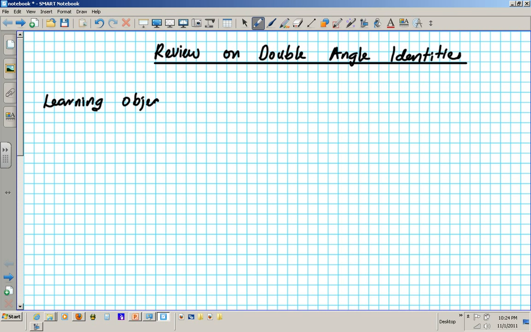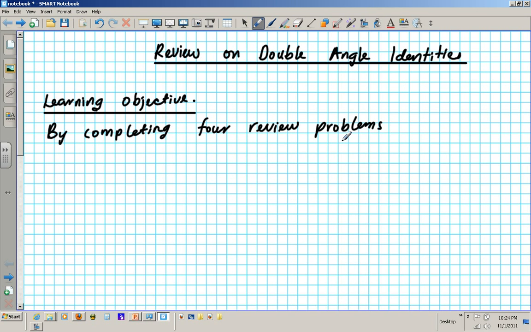Learning objective: by completing 4 review problems, you're going to do this on a separate sheet of paper, you will apply the double angle identities in evaluating trig functions.